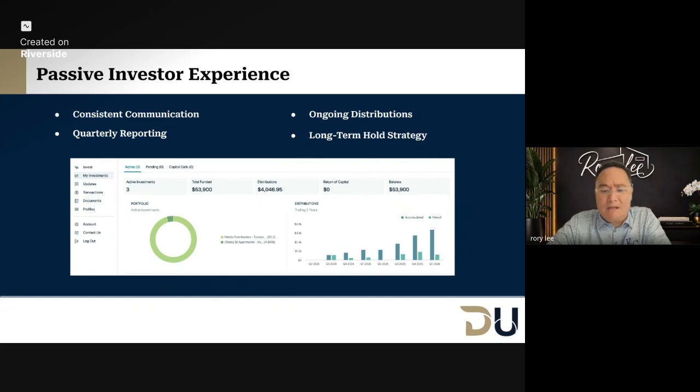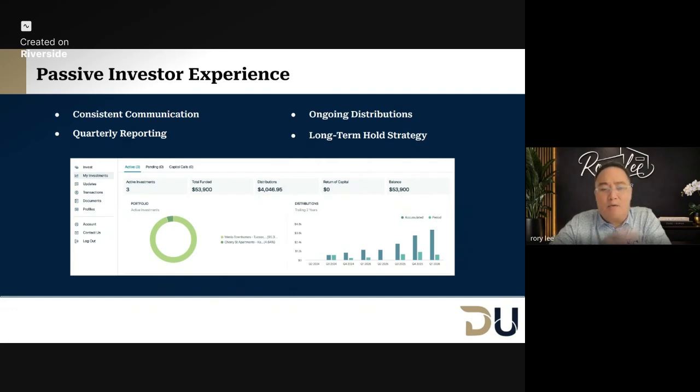Originally, like I mentioned before, I had invested in a lot of single family homes myself, and I knew that wasn't the path that I wanted to go on. I wanted to invest in multifamily. So I did a little bit of research and took some education as to how I would break into that market.